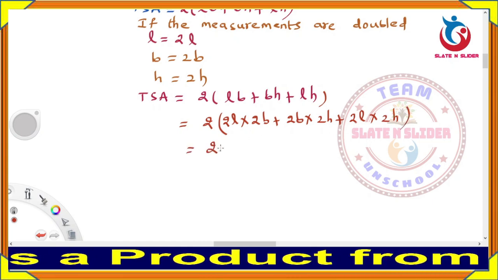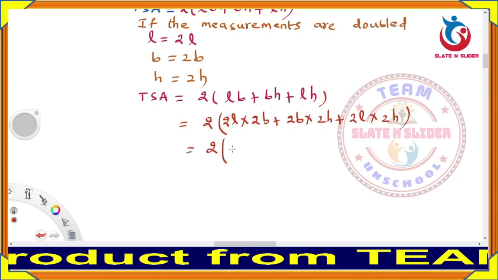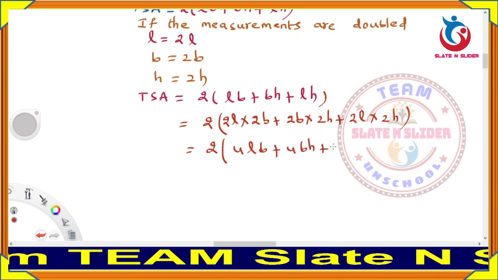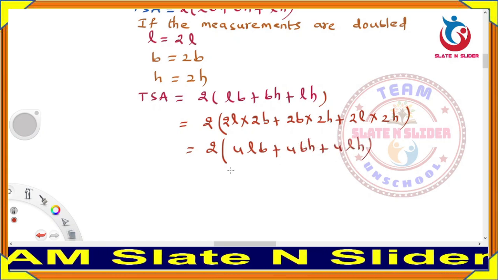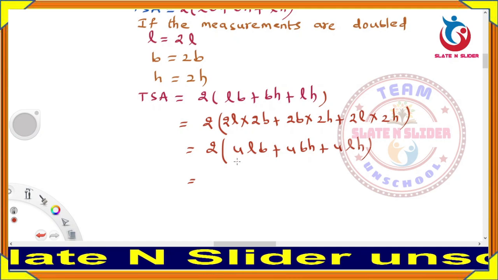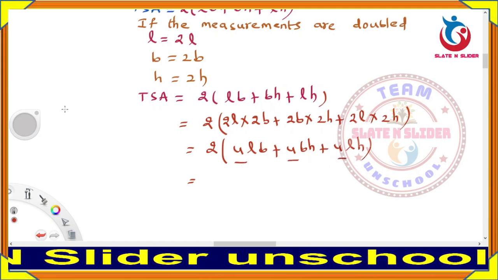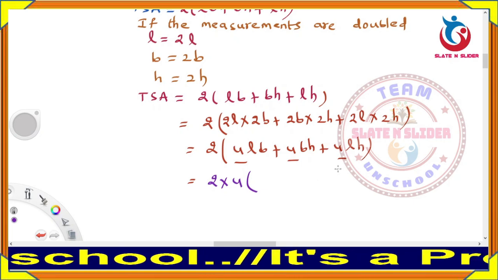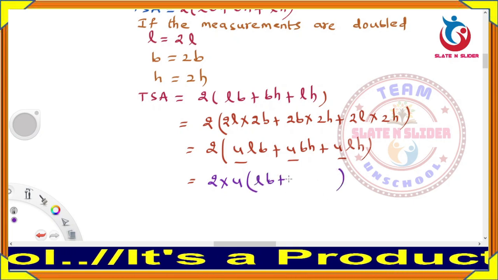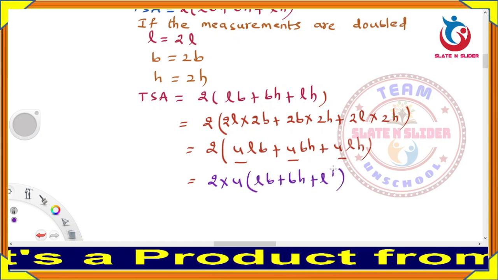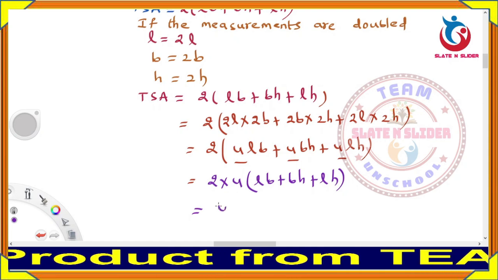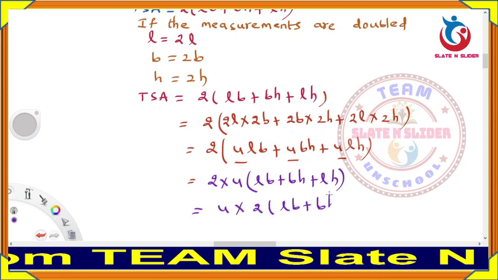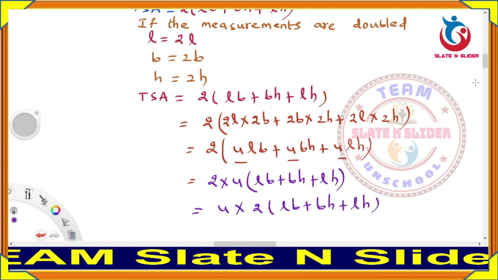So, simplify, 2 into 2 is 4, 4LB plus 4BH plus 4LH, and take 4 as common, then it will become 2 into 4 of LB plus BH plus LH, and write 4 into 2 of LB plus BH plus LH.